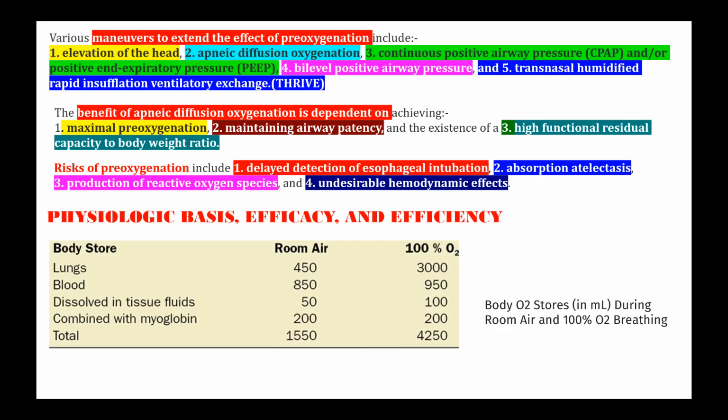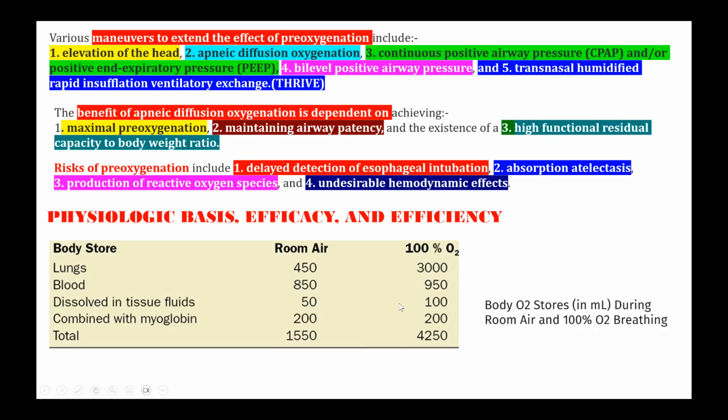On the contrary, when you pre-oxygenate the patient, gradually this room air gets replaced with 100% oxygen and the entire 2500 ml becomes oxygen only. That is how the value increases to 3000 ml. This actually should be roughly, if it is 3 liters, 3000. Okay. So that is how the oxygen content increases. The FRC plays the most important role. If you see the increase in other structures like blood, there's only a 100 ml increase.